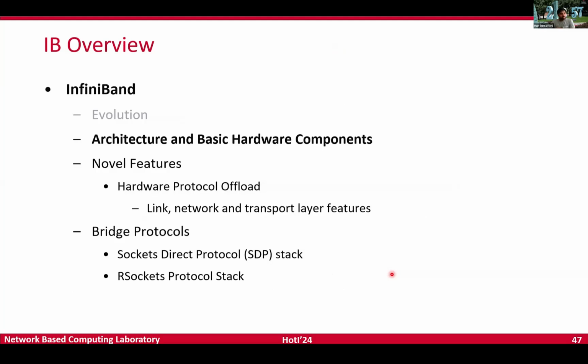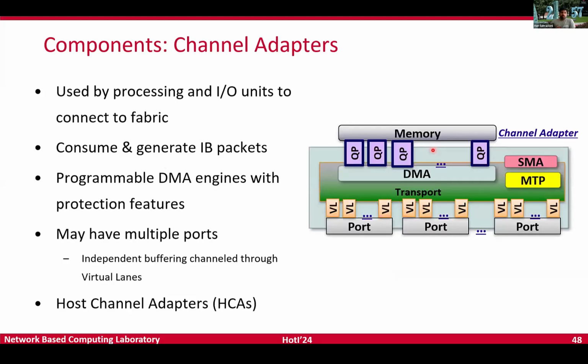Let us look at some of the architecture and basic hardware components. So there are multiple components. Your network adapters are called channel adapters. You could have a host channel adapter or a target channel adapter, HCA for short. Each can have multiple end ports. And to have support for differentiated quality of service, you have what are called virtual lanes, or VLs, for each port.